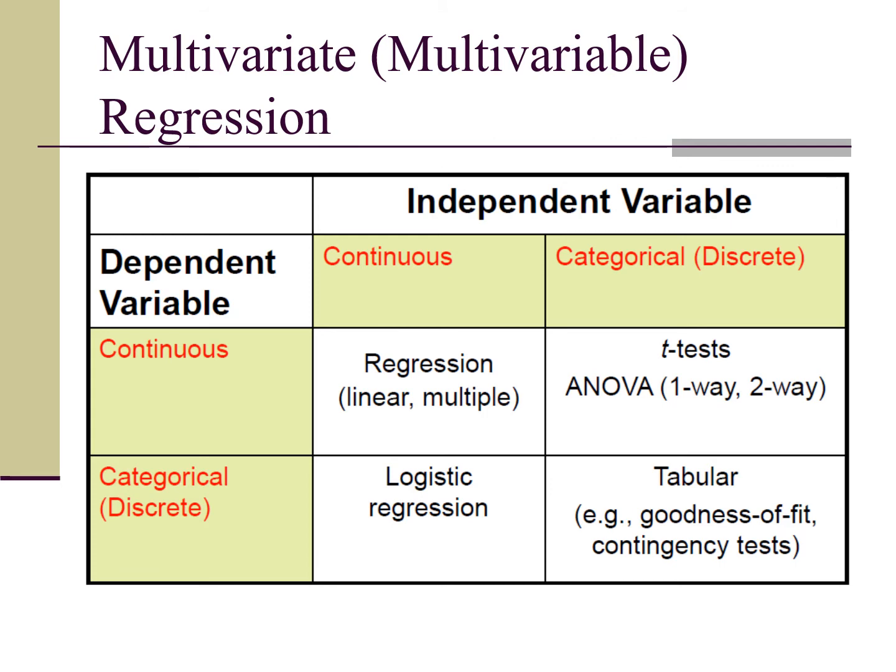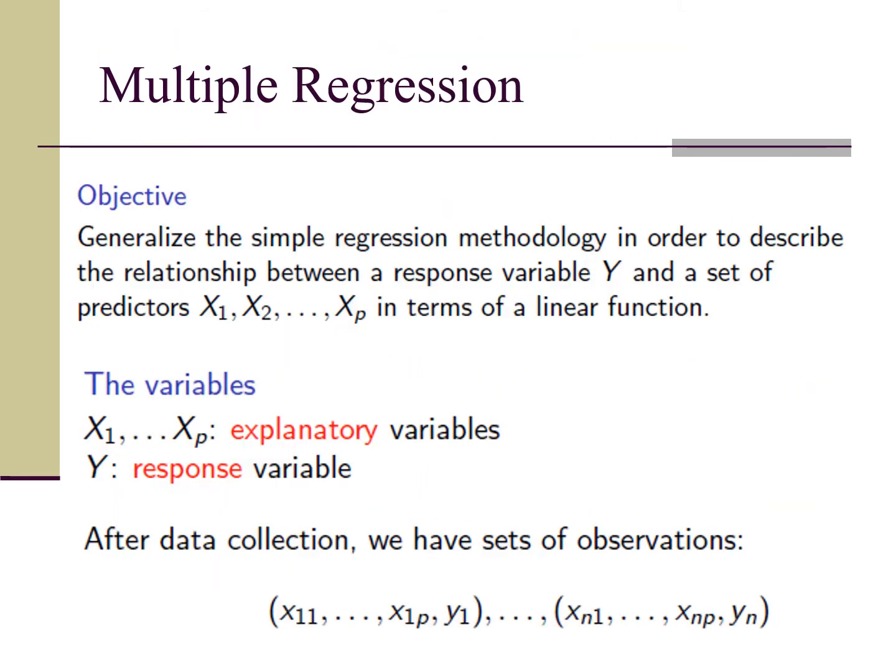Okay, now we can talk about multiple regression. So we're going to generalize that simple regression methodology to describe a relationship between a single response variable and a set of predictors, x1, x2, through xp, where p is the number of independent variables that will be fit into a linear function.